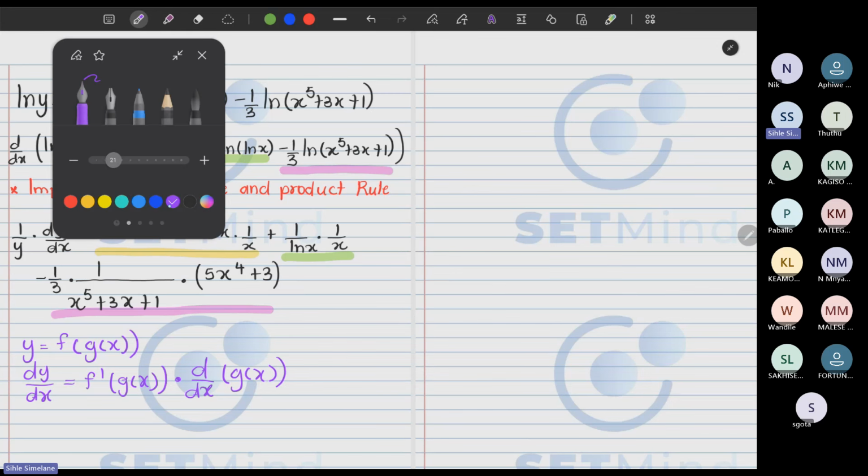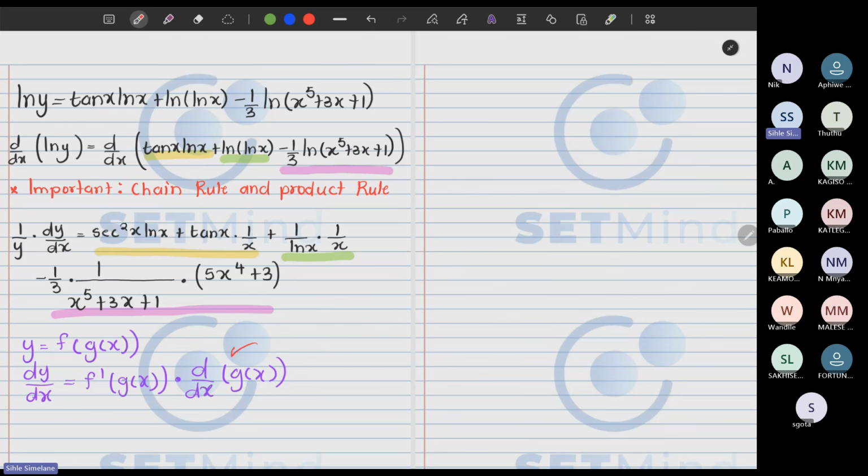This is what chain rule requires us to do. And I am just applying it to these problems. So let's go and simplify this and see what we get.